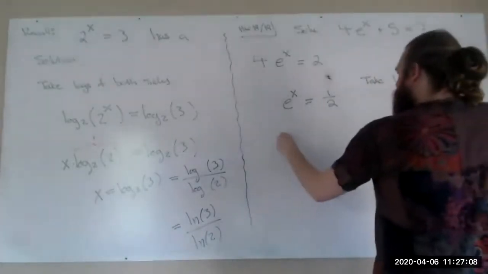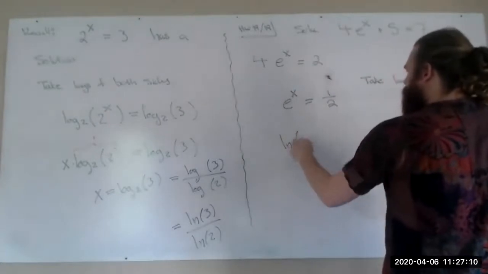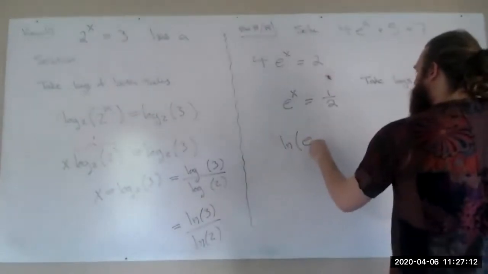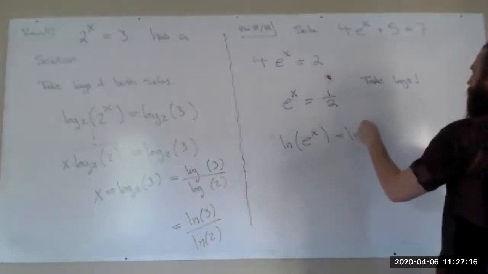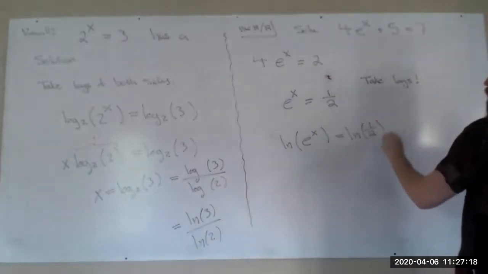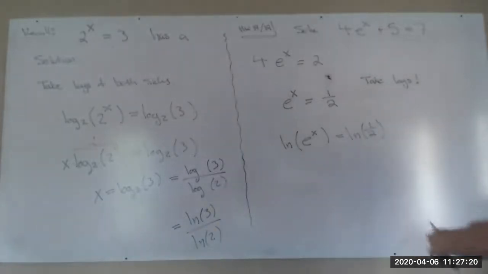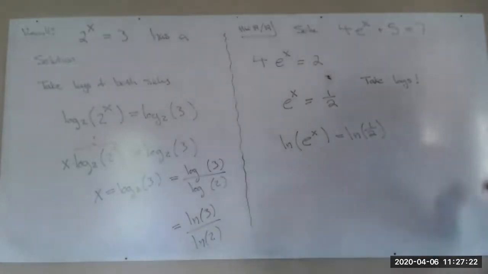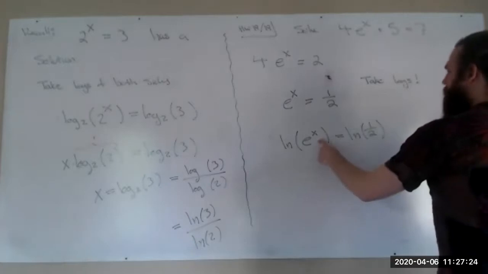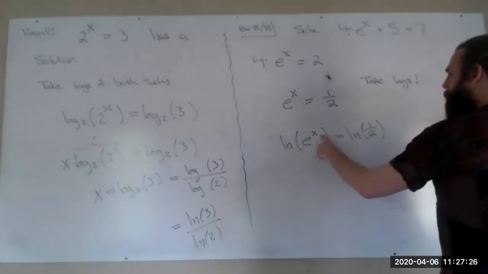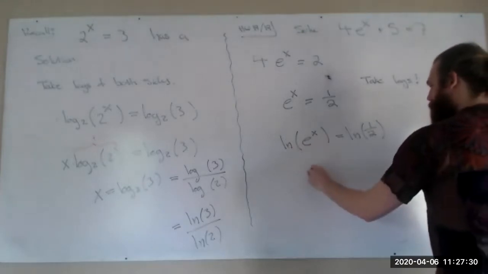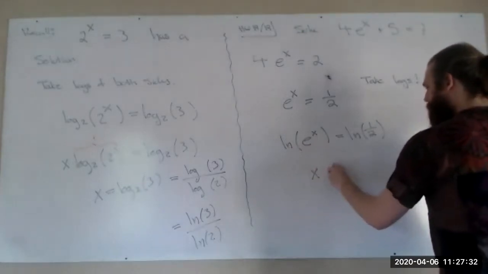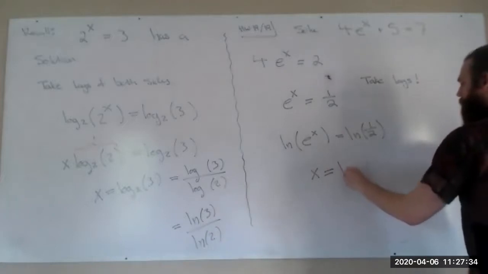The log I choose is the natural log because this is the natural exponential. Both sides are now inside of ln. The ln of e to the x, according to our first property of logarithms, is the base e log of e to the x, which just becomes x. The ln of 1/2 is the ln of 1/2.